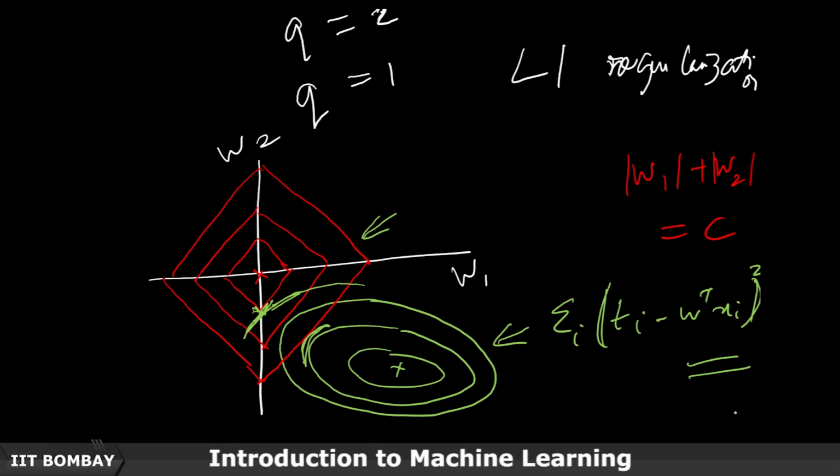But it is still a quadratic function, that's why you get ellipses.